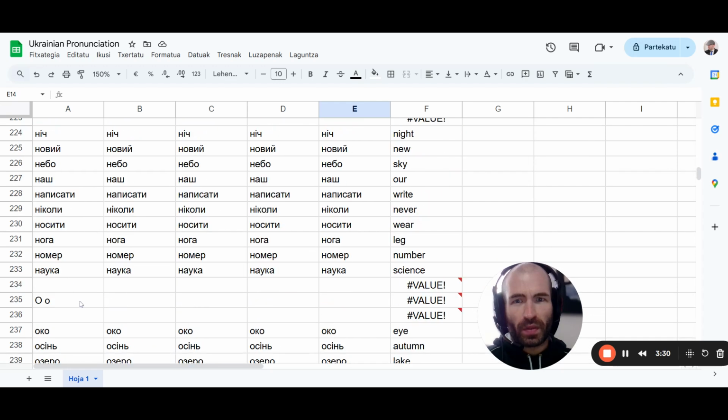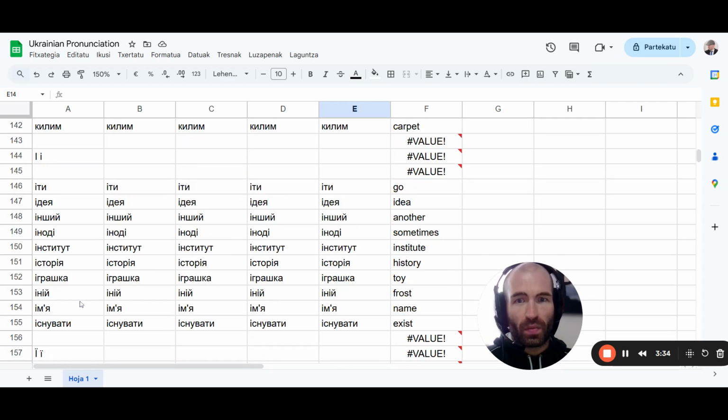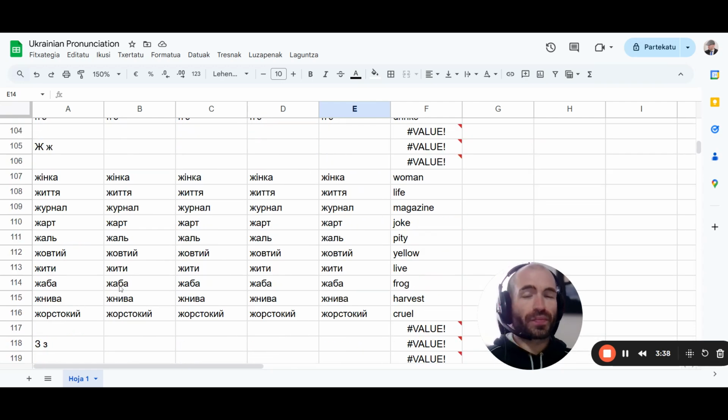That's a very different sound from anything we're used to in English. For this kind of sound, it's not perfect, like I said, because this is an AI voice, but you get an idea of what it should sound like.